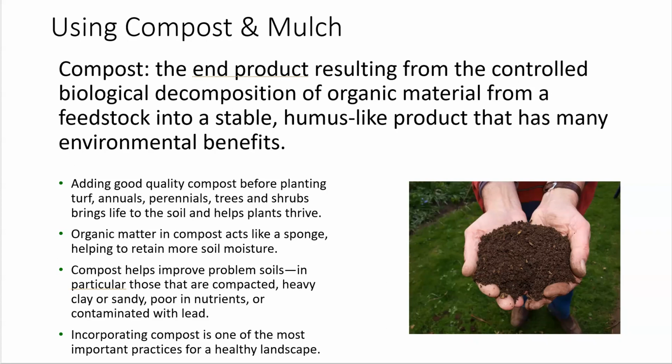For instance, when plants drop leaves, twigs, and other material to the ground, it piles up. This material is called leaf litter, right? Or leaves or twigs. When animals die, their remains add to that litter.